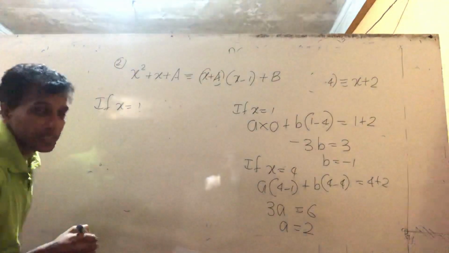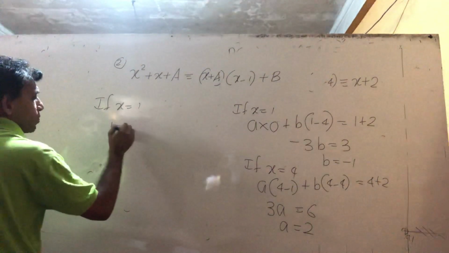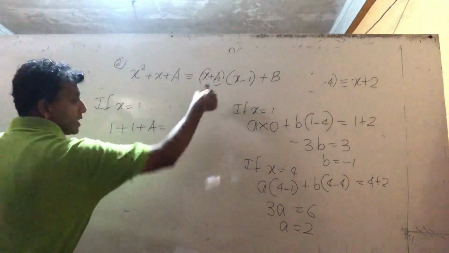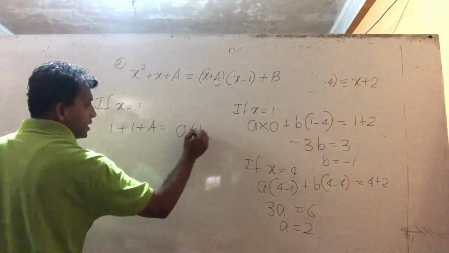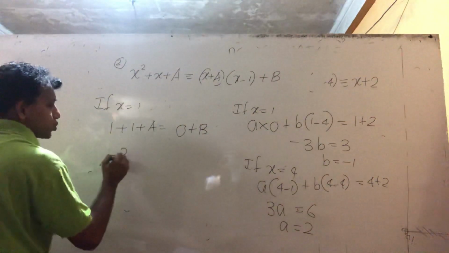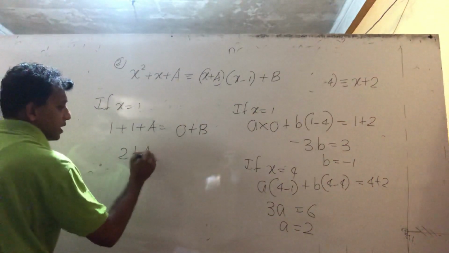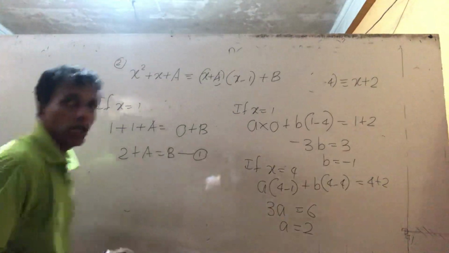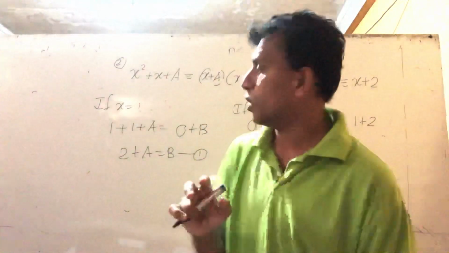If x is 1, put 1: 1 plus 1 plus a equals 0 plus b. Therefore, 2 plus a equal to b, right? That's one equation: 2 plus a equal to b.